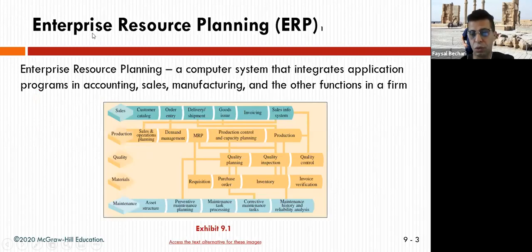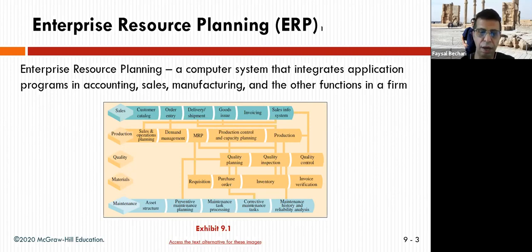Enterprise resource planning is different from MRP, or material requirement planning. Enterprise resource planning is a computer system that integrates application programs in accounting, sales, manufacturing, and other functions of firms.